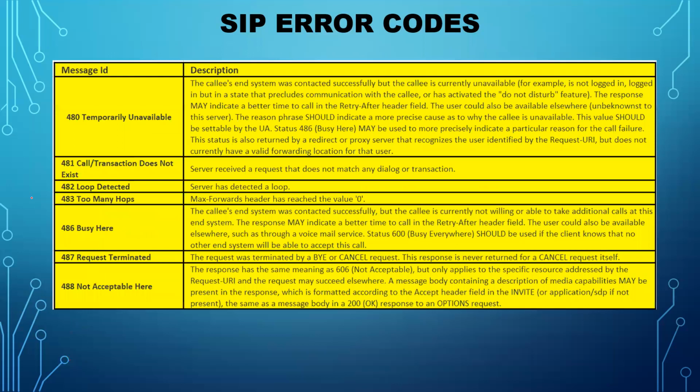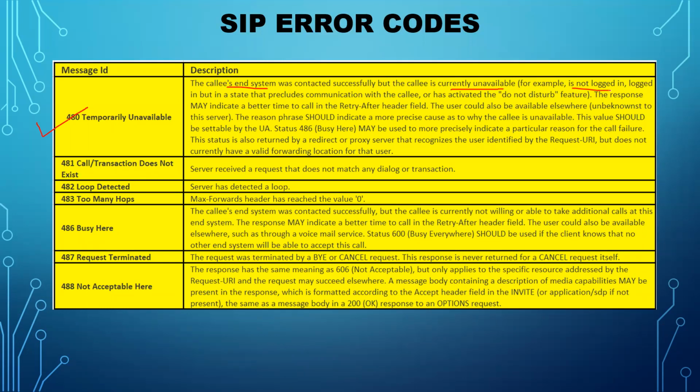Then we have more 4xx messages, that is 480 temporarily unavailable. What that means is the callee's end system was contacted successfully, but the callee is currently unavailable. And why is it unavailable? Maybe the callee is not logged in. Maybe the callee is busy on another call.